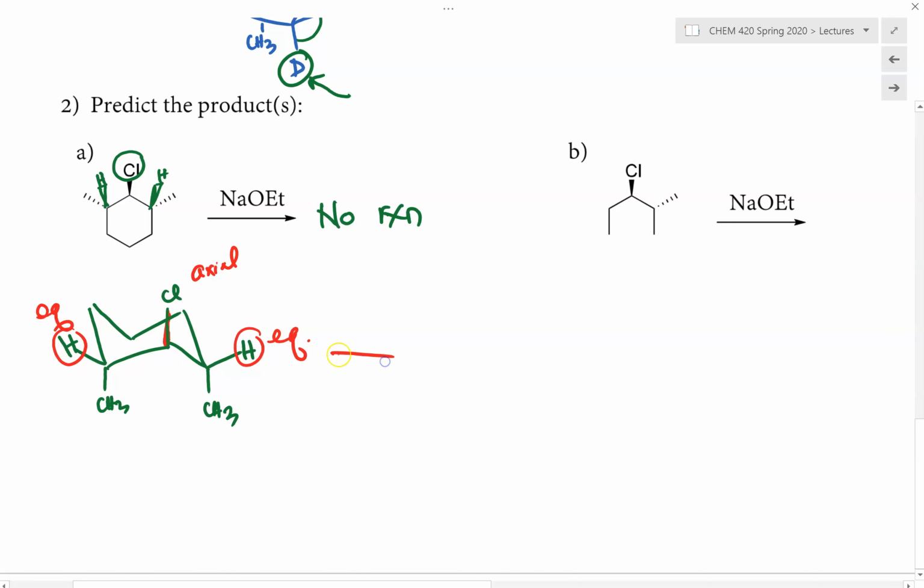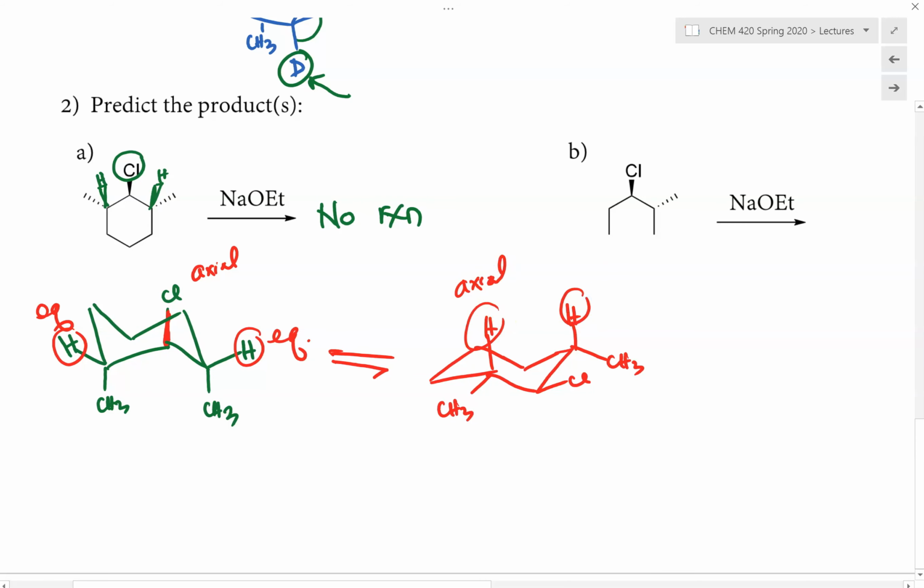If we were to flip this ring right here, we will then obtain the following. And now in this case right here, once we flip this, the chlorine becomes over here, and now the methyl group and the hydrogen are on the other two groups. If we were to flip to put the hydrogen on the axial location, then now the leaving group becomes the equatorial location.